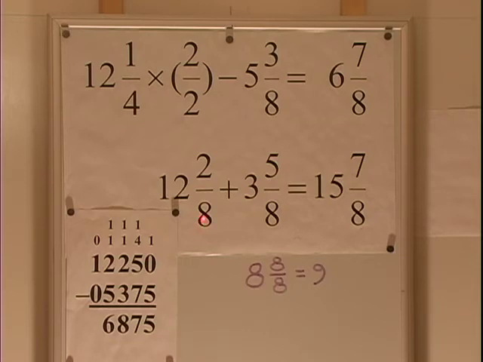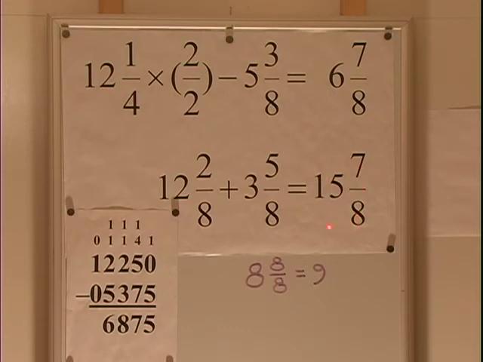So 2/8 is another way of writing 1/4. So now I'm going to add 12 and 3 is 15. 2 and 5 is 7, and I'll bring the eighths over. So I get 15 and 7/8.